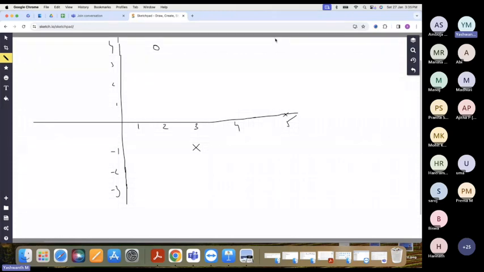We call it X. Then 2 and 0, positive label. Negative 1 and 0, positive label.